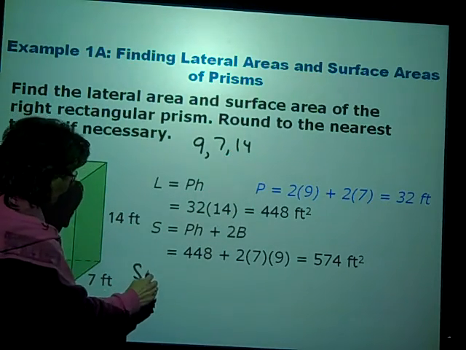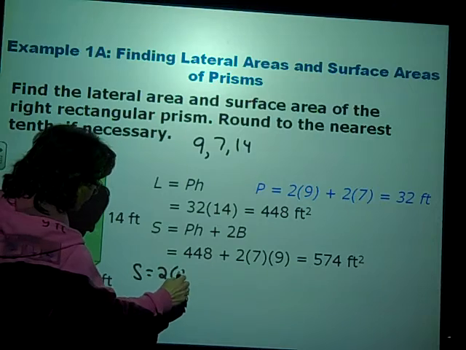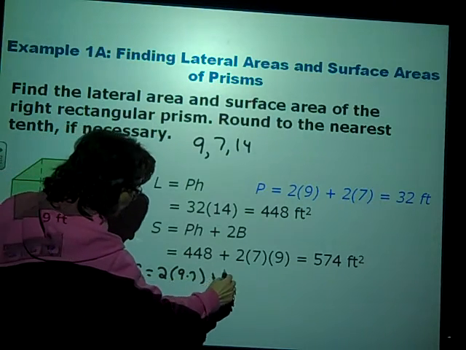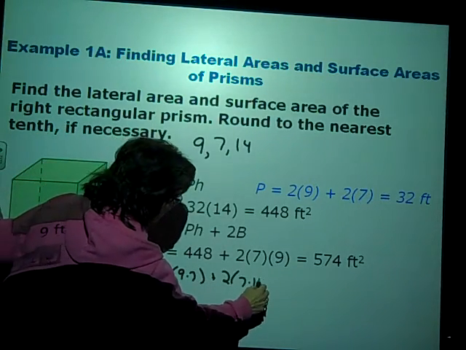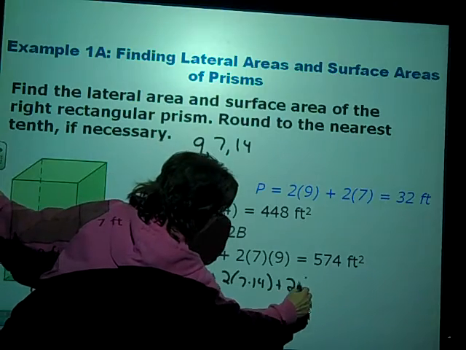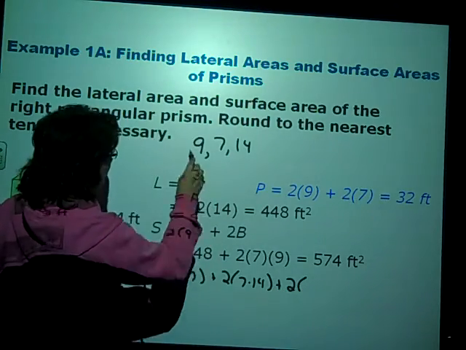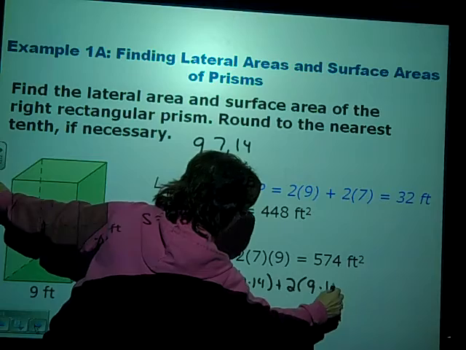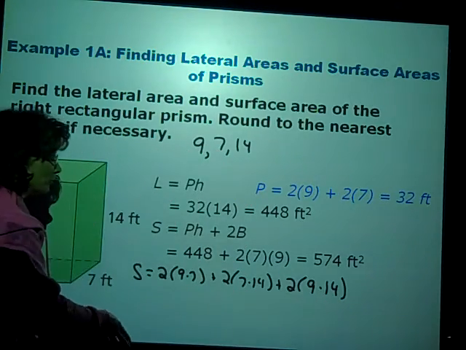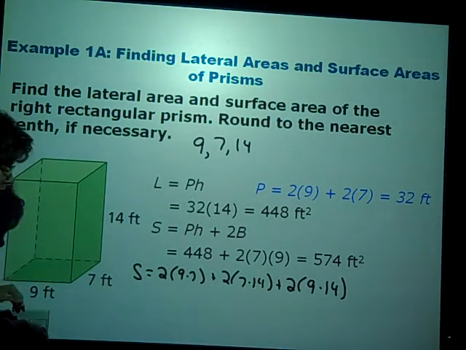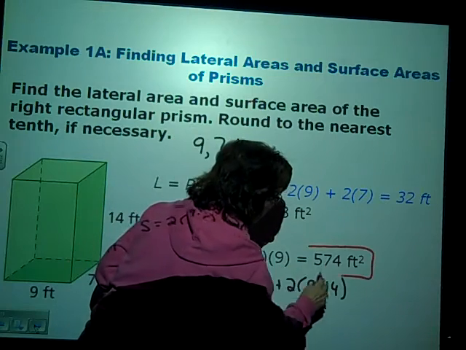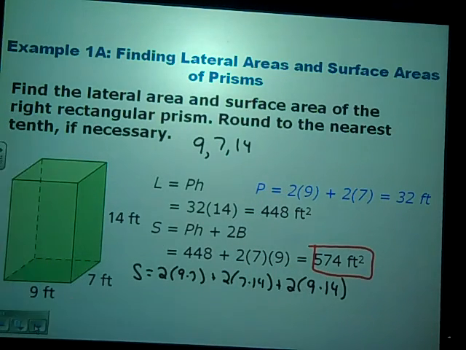And then I'd say surface area equals 2 times the length times width plus 2 times the width times height plus 2 times the length times height. And if you multiply that together in your calculator, you will see that that also gets you to 574 square feet. Nice and easy way to do it.